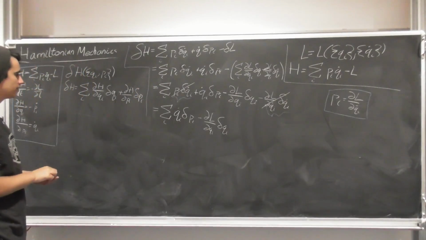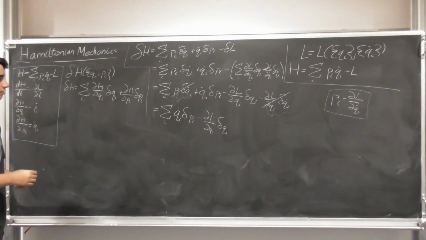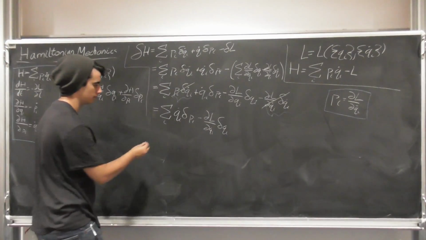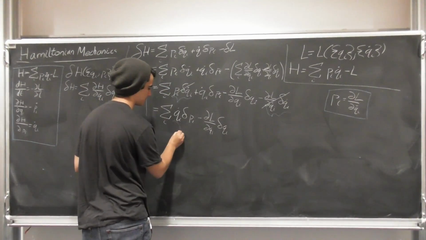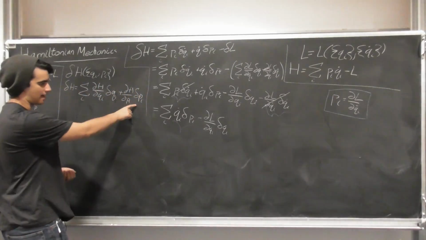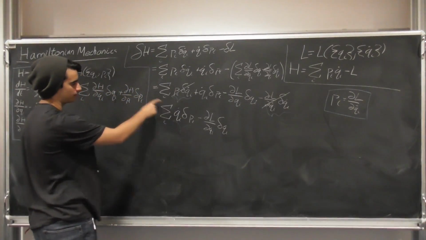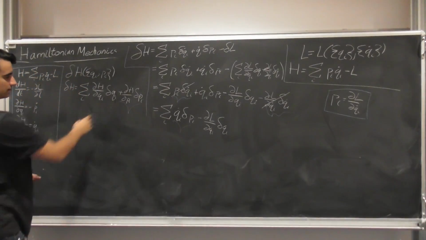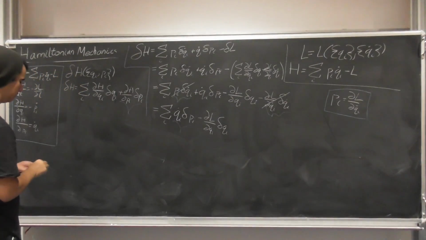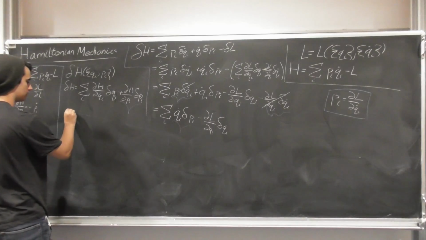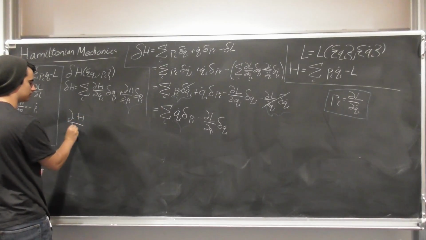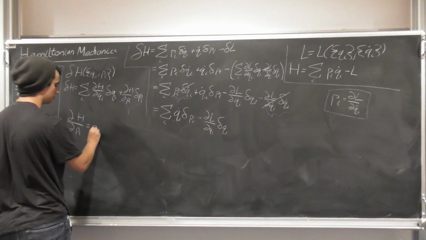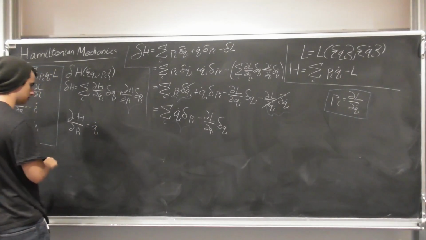Right, so now we can have a look at grouping things together. So we'll notice that this delta p sub i here, this first term, will share the delta p sub i, so we can tell that this must be equal to this last term here. And so we can say that dH/dp sub i is equal to q sub i dot. Okay?